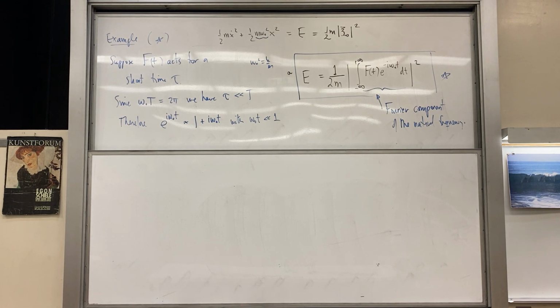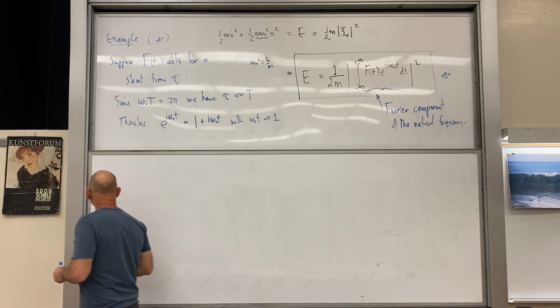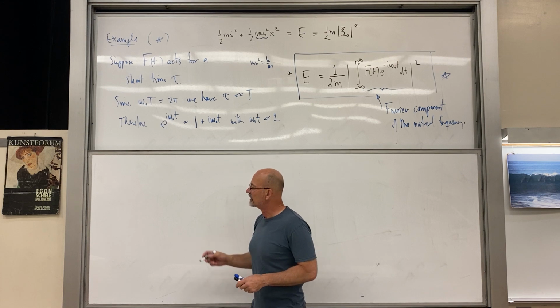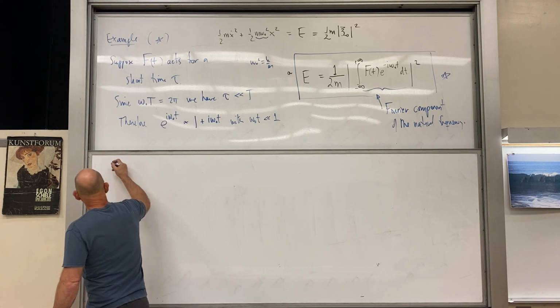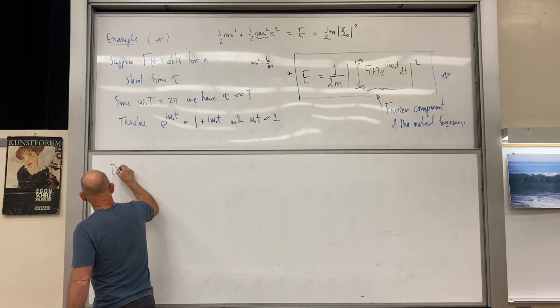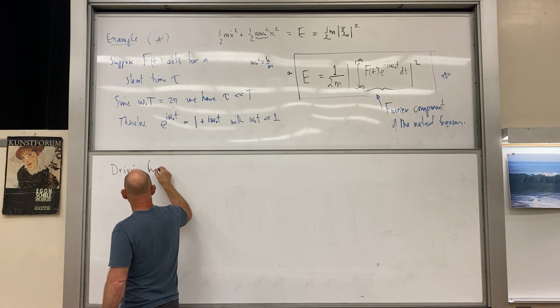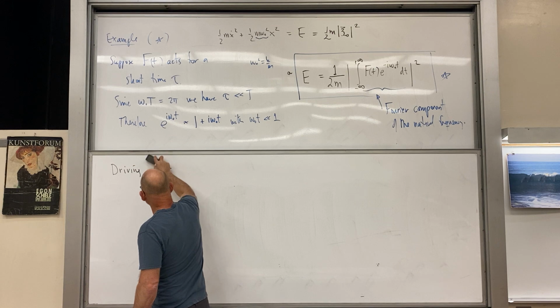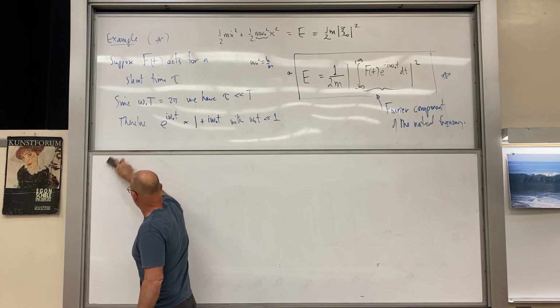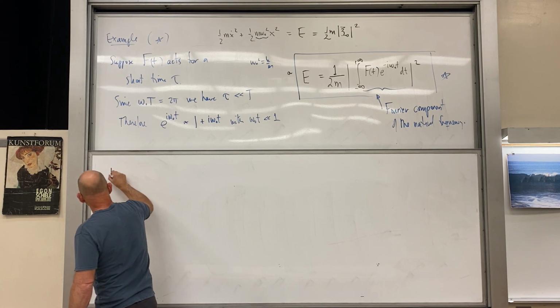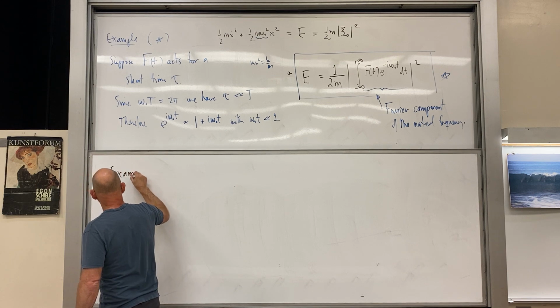Consult the clock here. Okay, great. So this is an example where the driving frequency is equal to the eigenfrequency. That's going to be a limiting case, so let's just call this an example and work our way through.